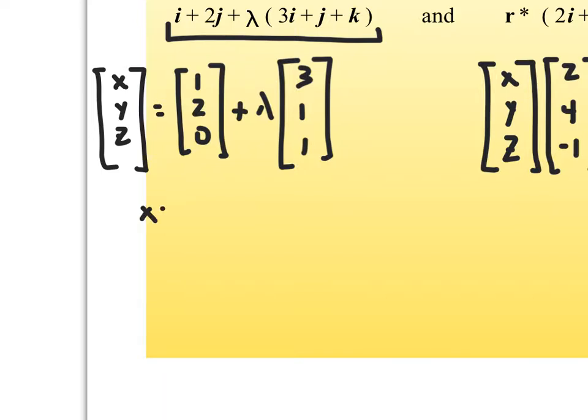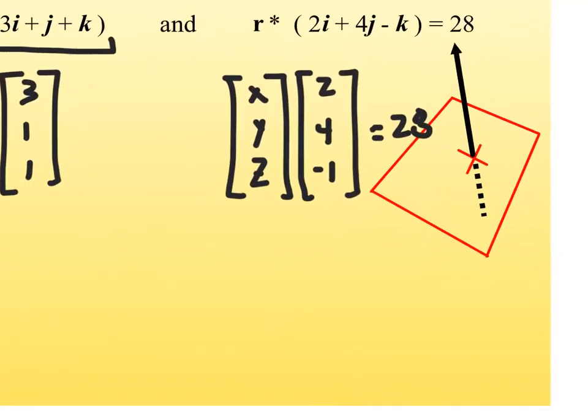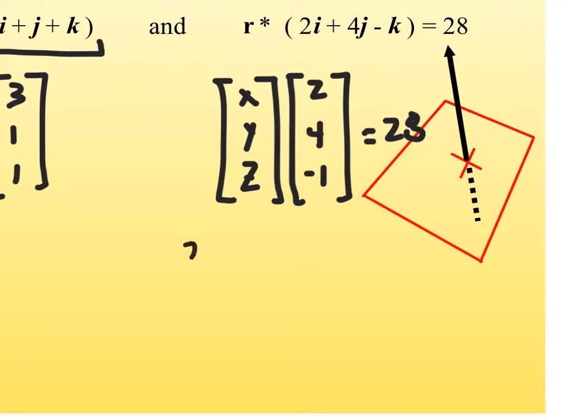I can write this in parametric form: x equals 1 plus 3 lambda, y would equal 2 plus lambda, and z would equal lambda. Now this plane equation over here, all that I do is multiply the dot product. So I get 2x plus 4y minus z equals 28.